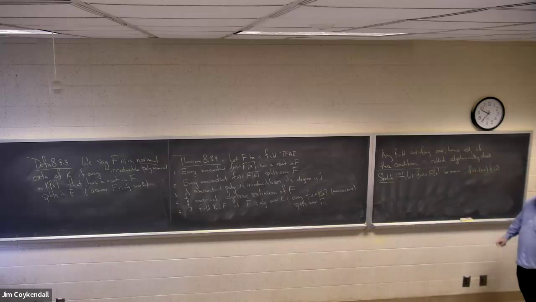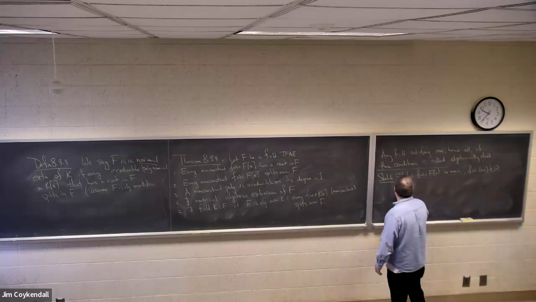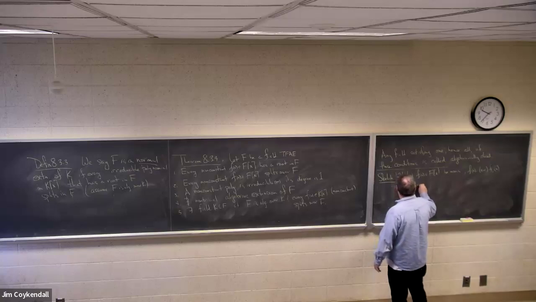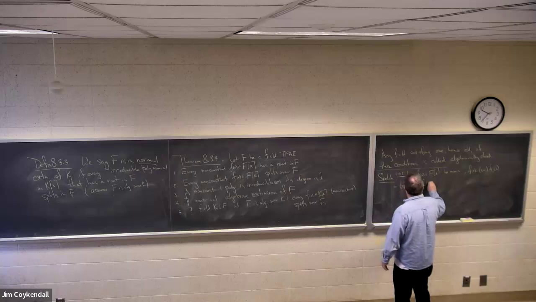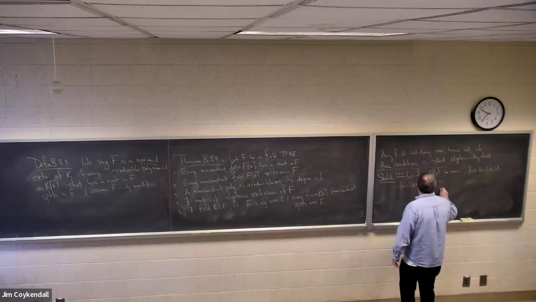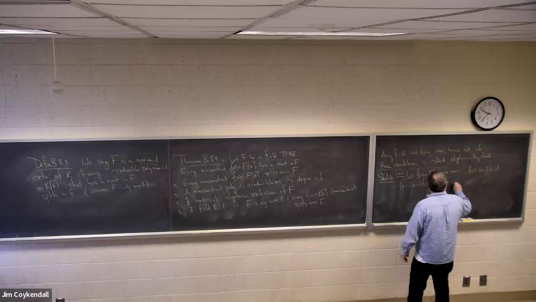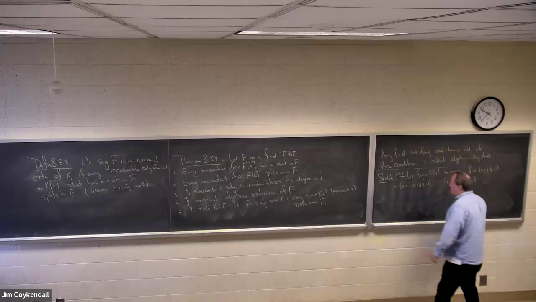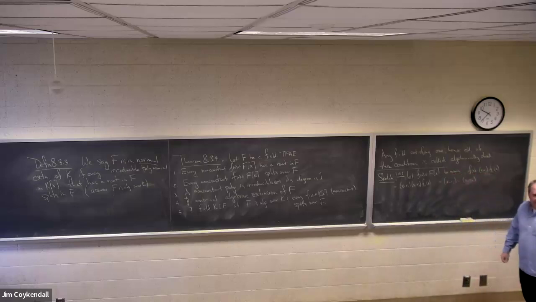But then f1 of x has a root too, because it is also a polynomial. That's basically how it works: every polynomial has a root, so you just keep going until you exhaust it all.